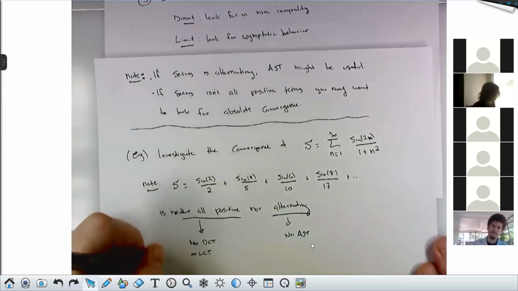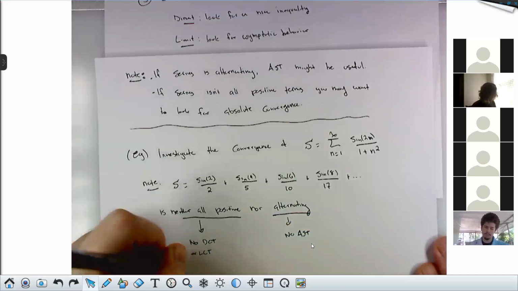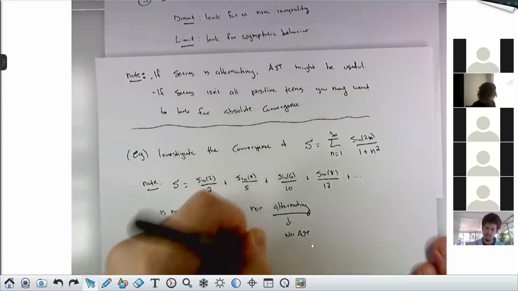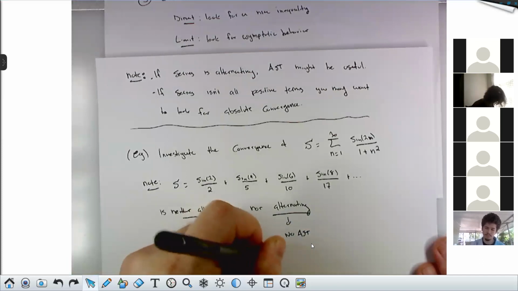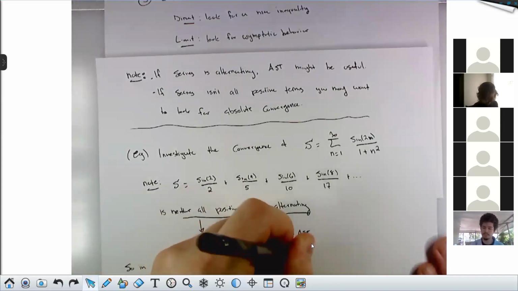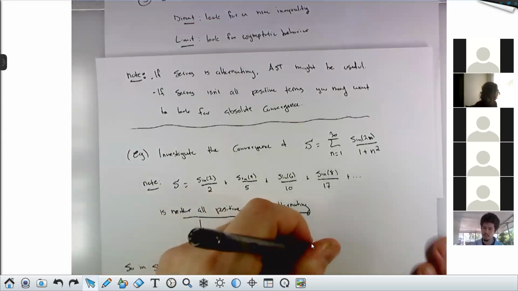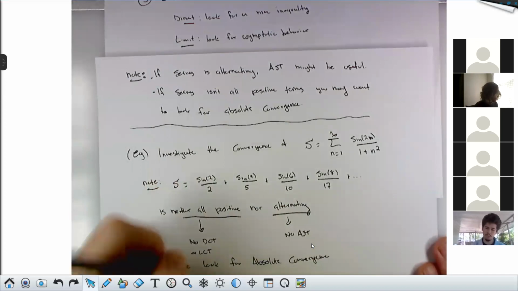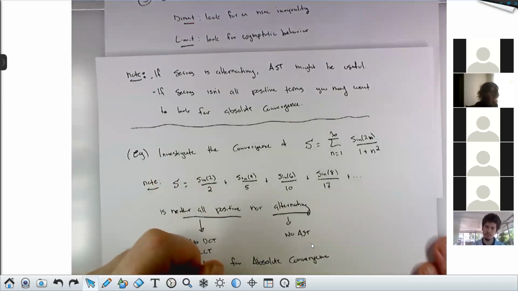So instead, we look for absolute convergence. I choose to mess around with the series sum from n equals 1 to infinity of the absolute value of sine 2n over 1 plus n squared.